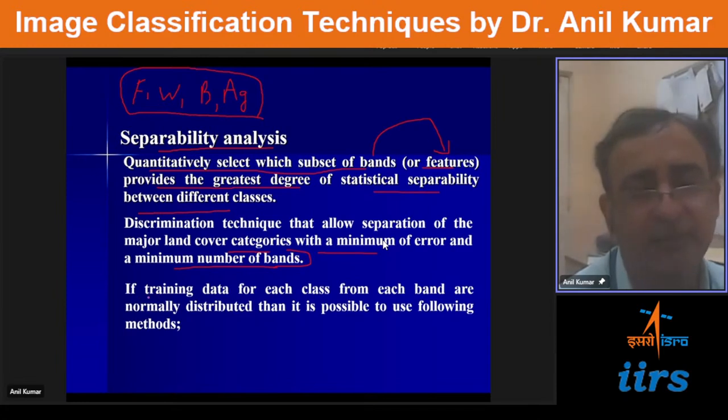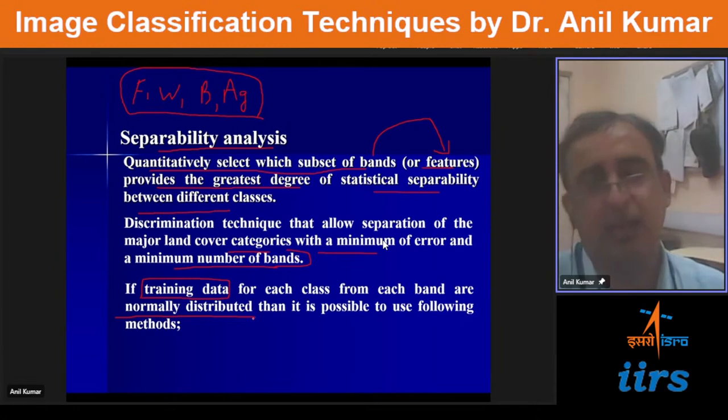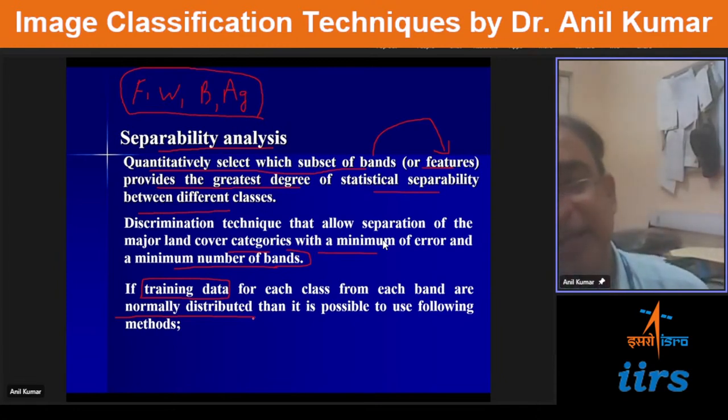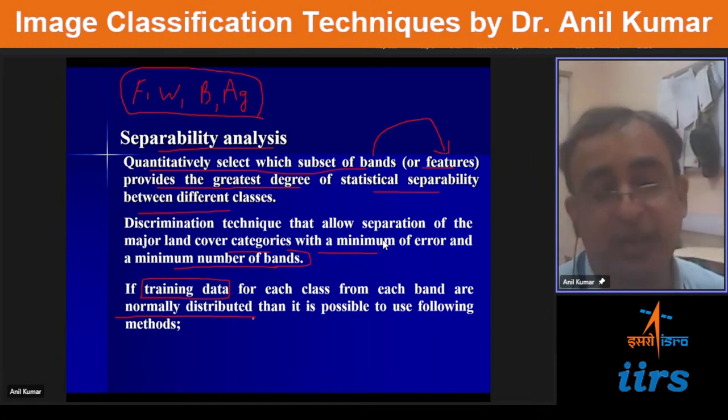For each class we have to generate the training data, and using this training data we can find out which bands are required to get the minimum number of bands in my data. The algorithms developed follow the concept of normal distribution. That means all my data should be normally distributed, and then we can apply algorithms to find the minimum number of bands required to classify the image, giving the maximum separation between classes.